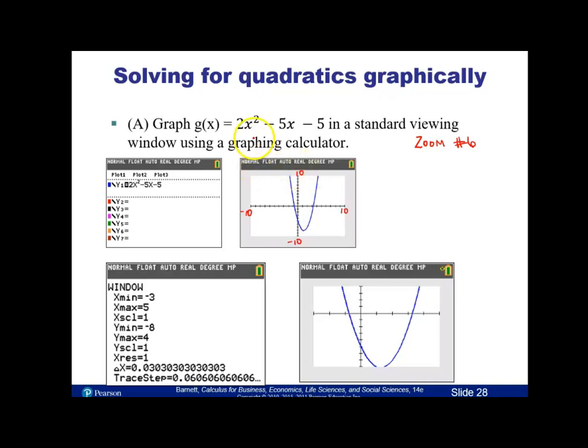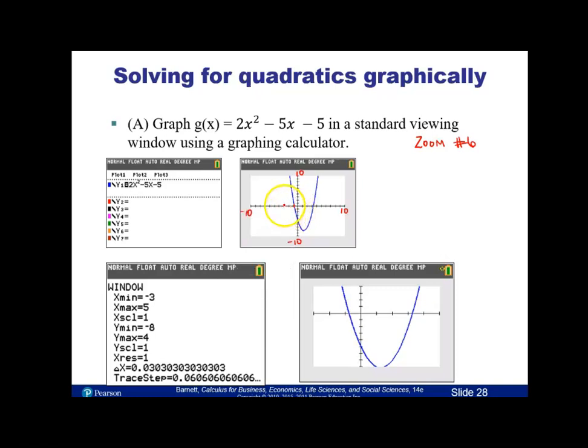So this is a graph in the standard window. Some of the things we're going to be interested in finding are the x and y intercepts, so it may be helpful to zoom in on those things. So looking at this, what I've done is I've gone to the window. You press window at the very top of your calculator. You can change these x minimums and x maximums. So looking at this, I can see that I have an x-intercept somewhere around -1.